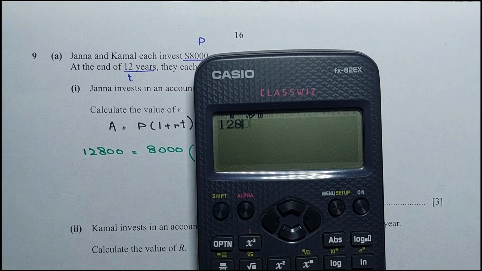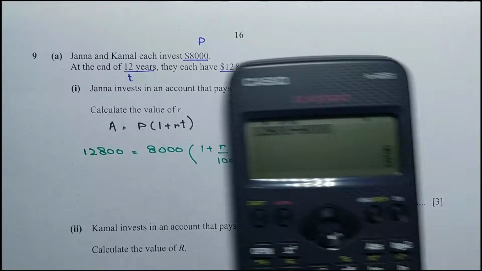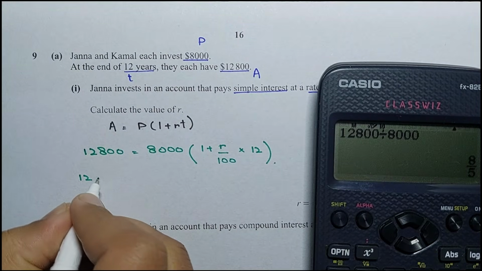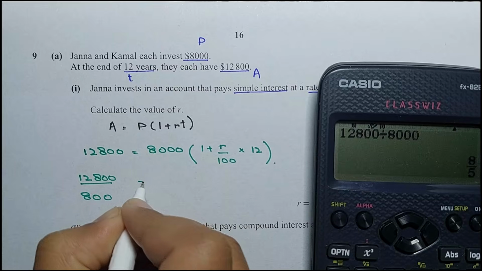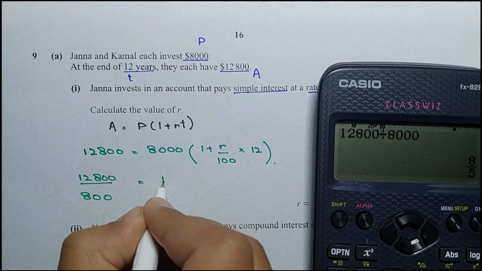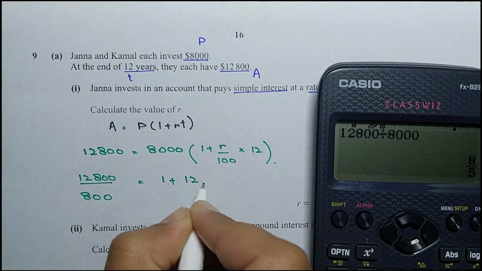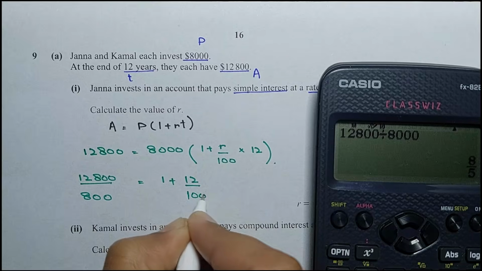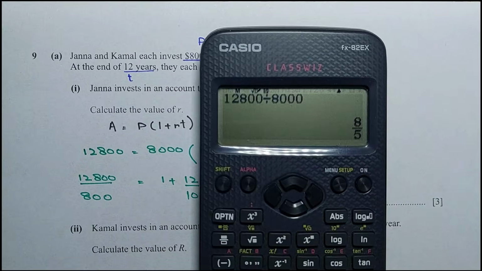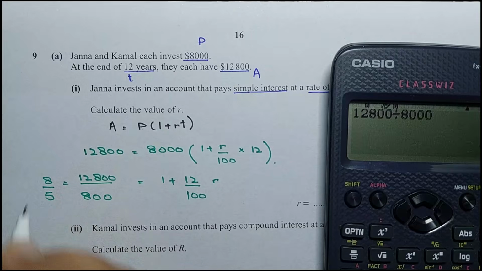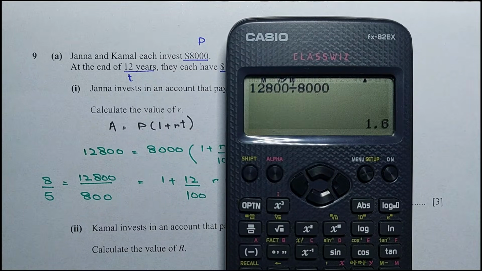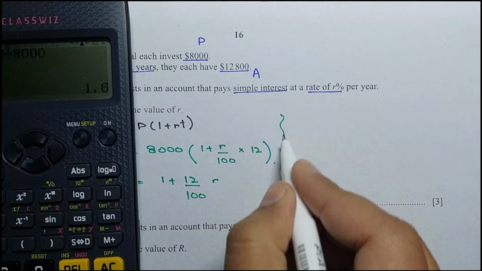So 12,800 divided by 8,000 is 8 by 5. This would be equals to 1 plus 12 over 100 into R. This is 8 over 5, or in terms of decimal 1.6.